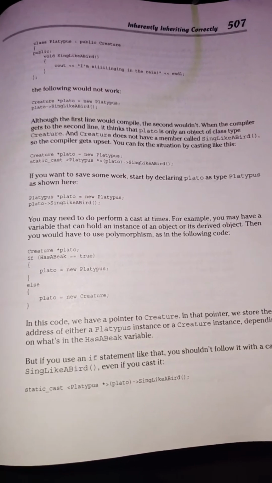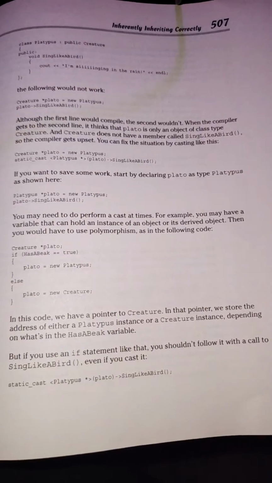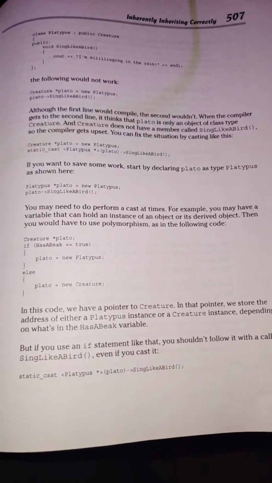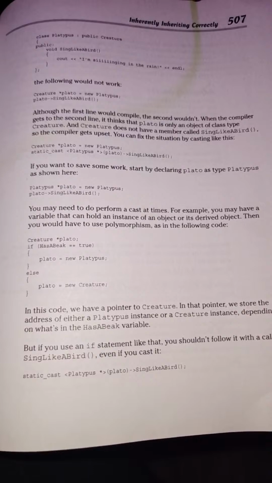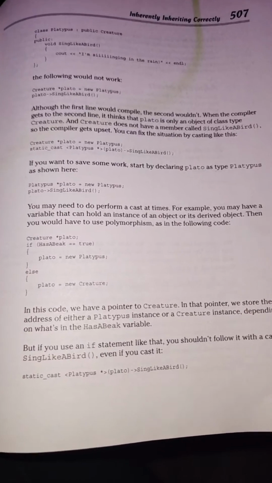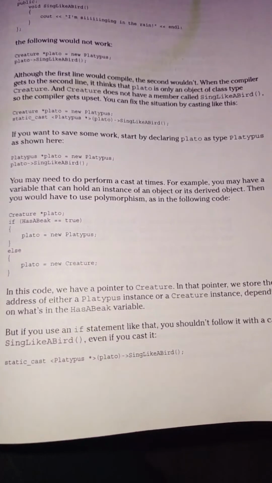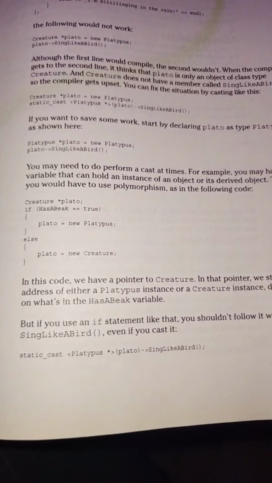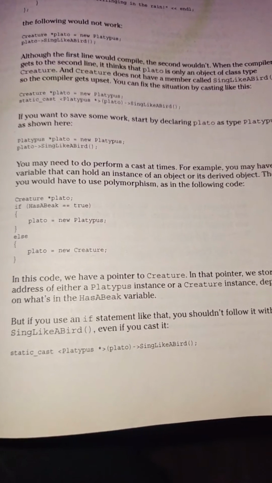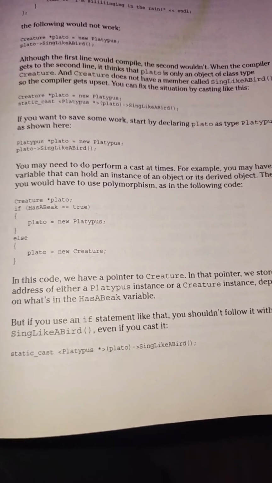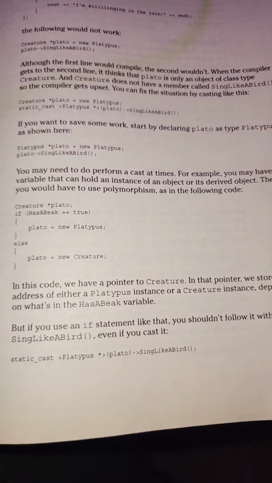But if you use an if statement like that, you shouldn't follow with the call to sing like a bird, even if you cast it. Static underscore cast, greater and less than symbols in between there, platypus, space star, then parenthetical with Plato inside, pointing to sing like a bird.